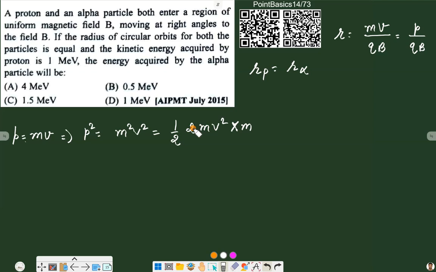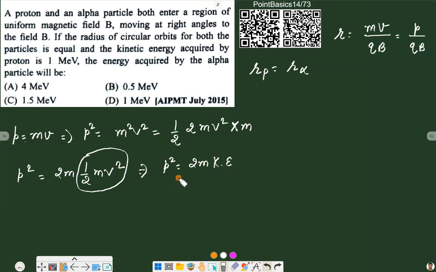So we can further write p square is equal to 2m into half mv square, and this half mv square term is equal to kinetic energy. You have already discussed this relation in your 11th class syllabus, that p square is equal to twice mass into kinetic energy, or p is equal to the square root of 2m kinetic energy. That's the relation we are going to use here.